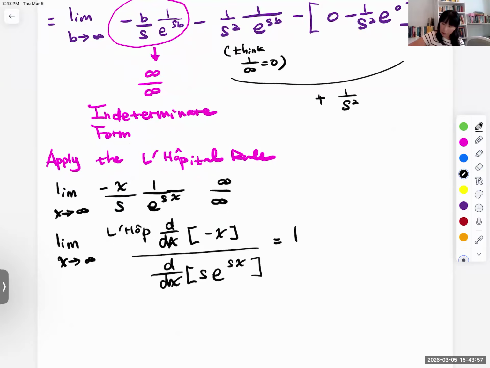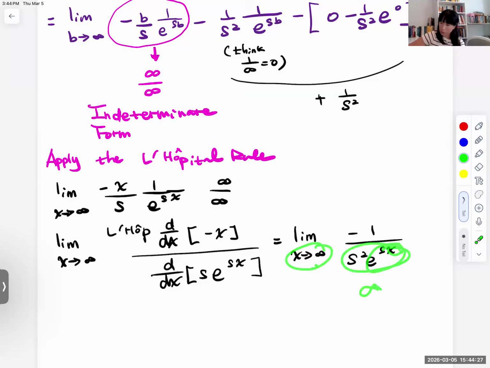Then we get negative 1 over the derivative of the denominator, s squared e to the sx. Now we take the limit as x goes to positive infinity, this goes to positive infinity, so negative 1 over positive infinity, which is 0.